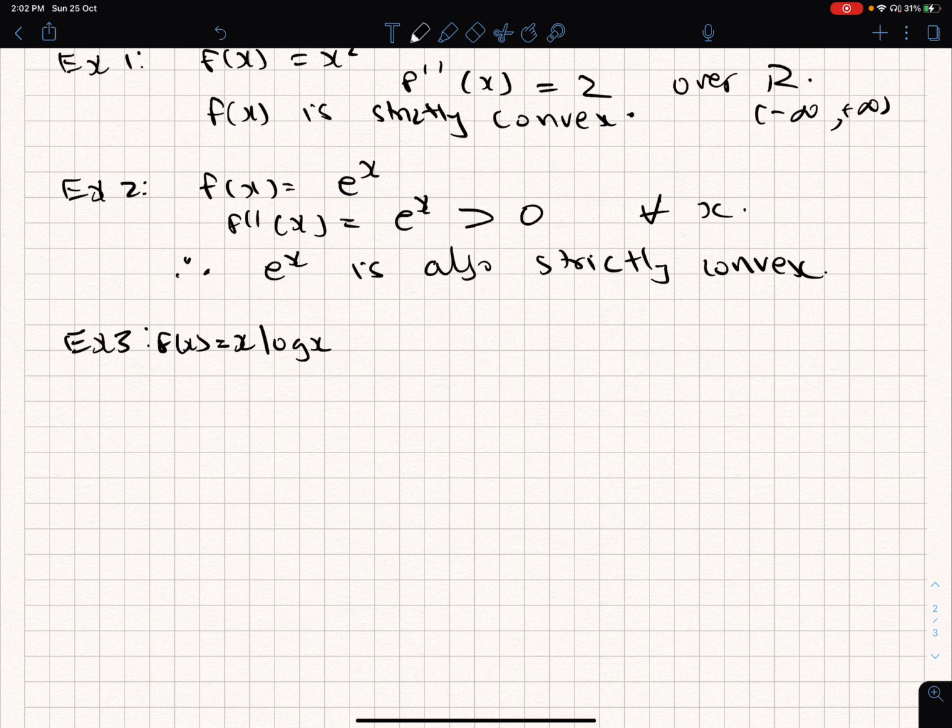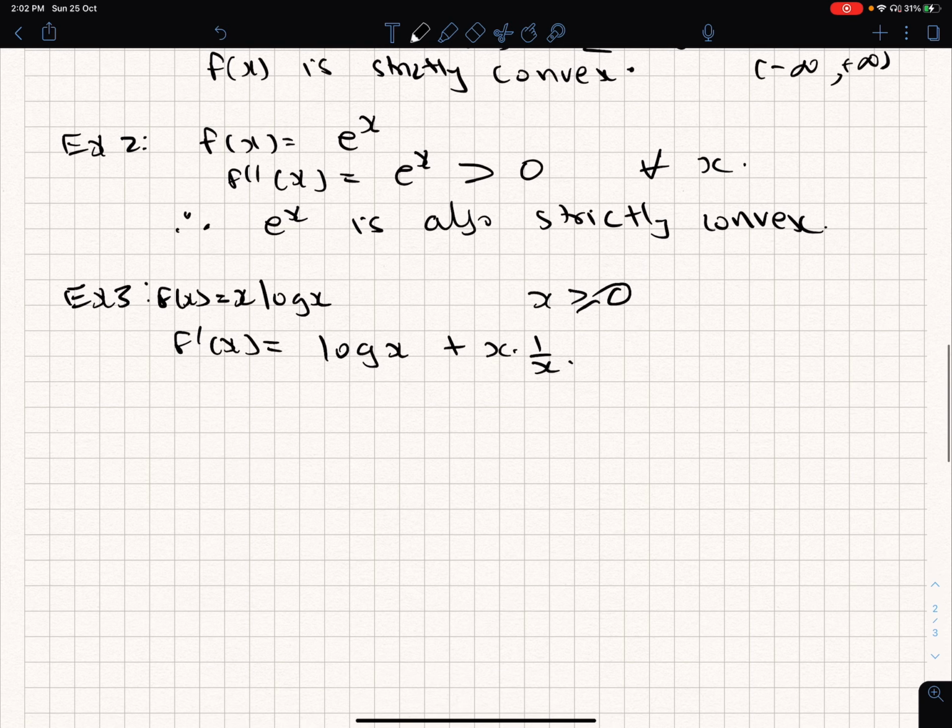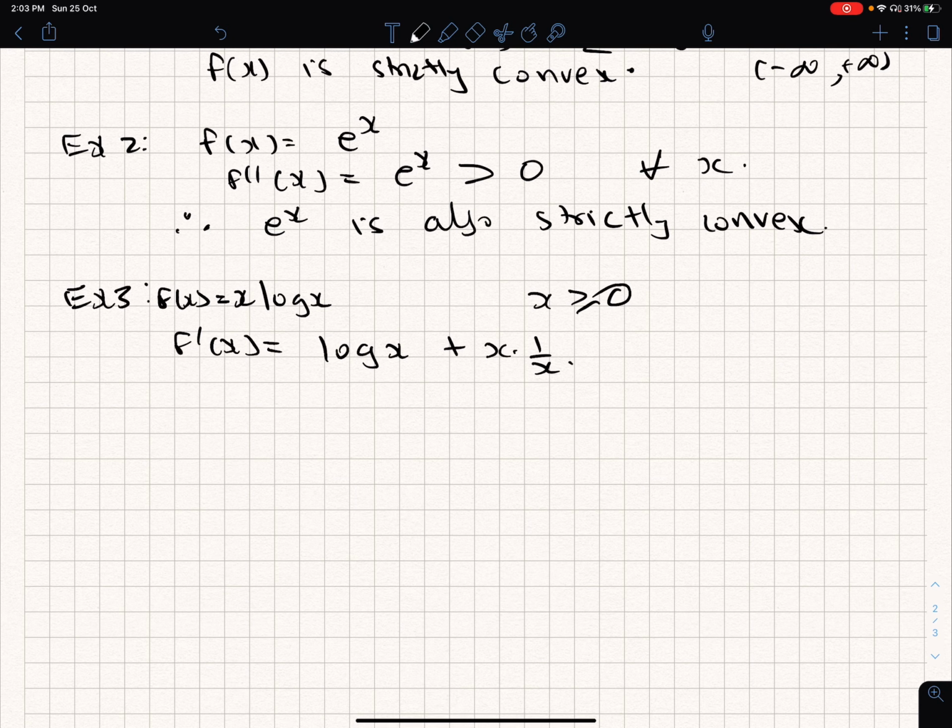So f of x, let's take as x log x. So what is f dash of x? Log of x plus x times 1 by x. And here, because I am having log of x, I will keep x greater than or equal to 0.